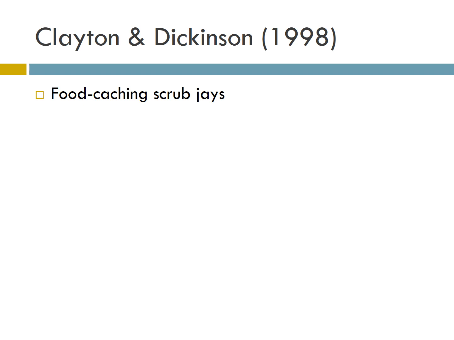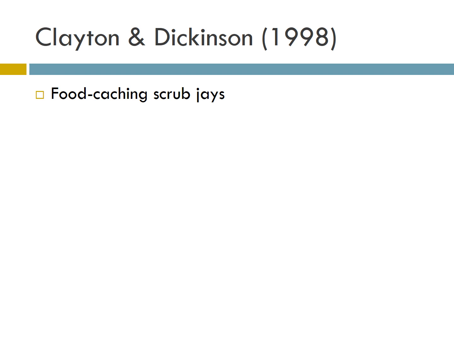Now we're going to look at a more recent study that was done with scrub jays. Now, these little jays are what we call food caching, and what that basically means is that they can store food for long periods of time and then go back and retrieve it later. As you can imagine, if they're going to hide food, they have to be able to have some memory of where they hid the food so they can then go back and get it later.